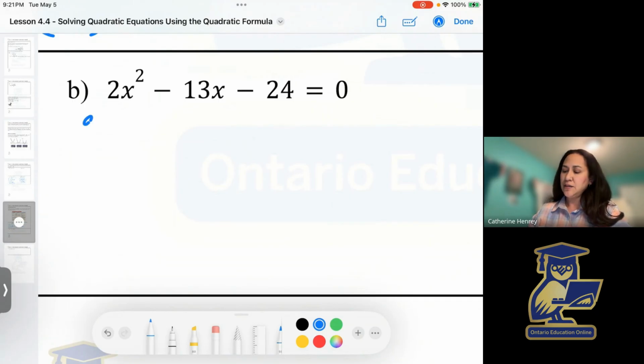So a is equal to 2, b is equal to negative 13, and c is equal to negative 24.